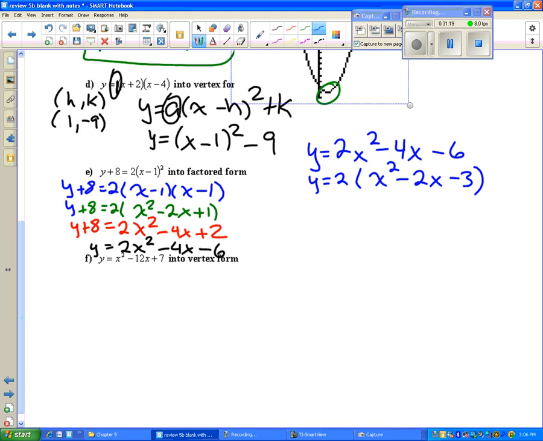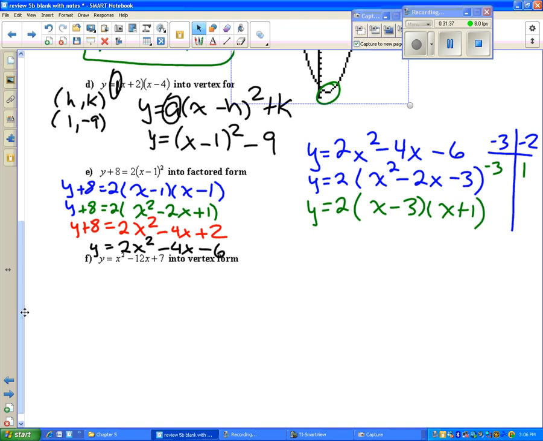Now I'm going to use basic factoring. What multiplies to be negative 3 and adds to be negative 2? I come up with the two numbers negative 3 and positive 1. So this is y is equal to 2 times x minus 3 times x plus 1. That is factored form.